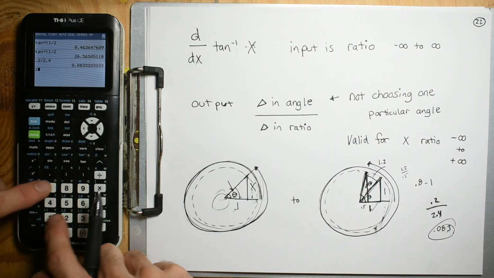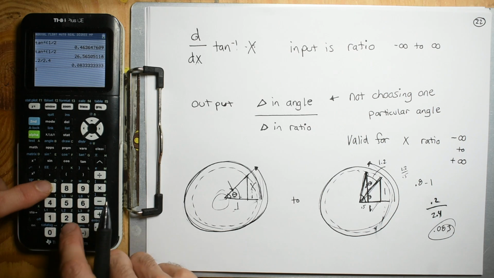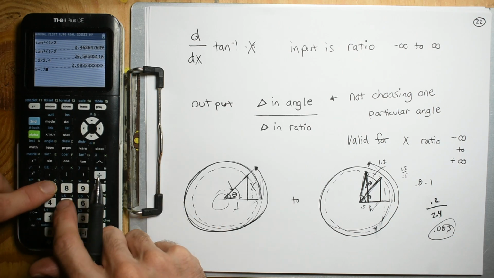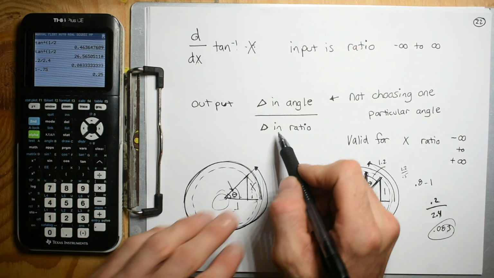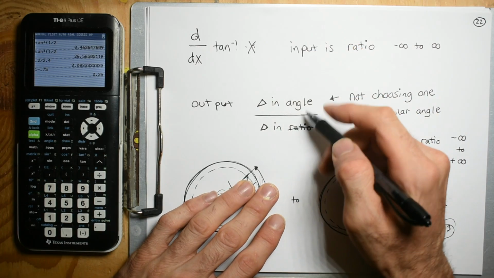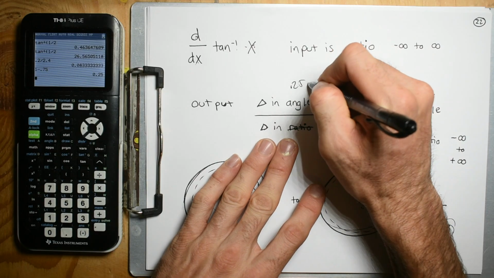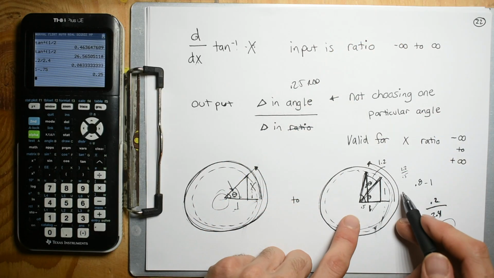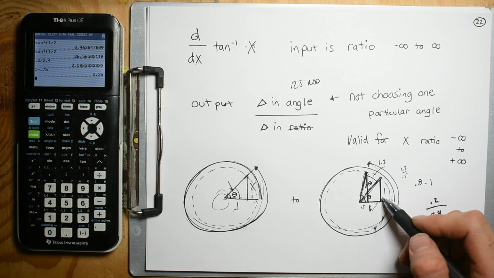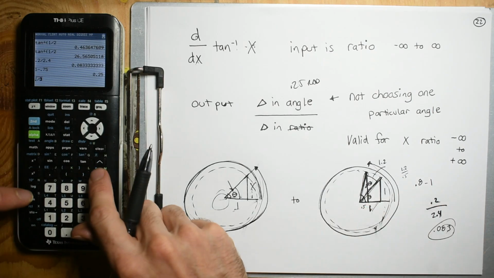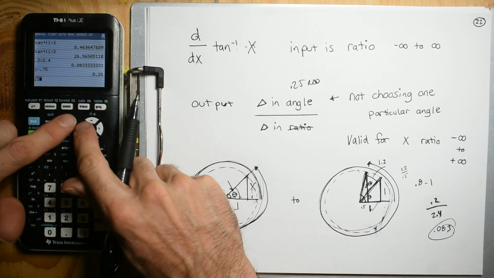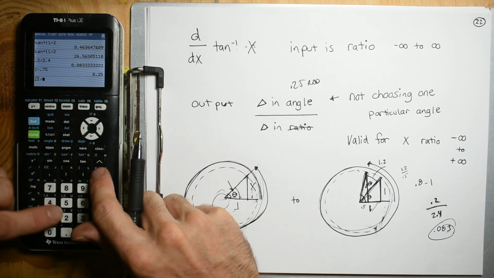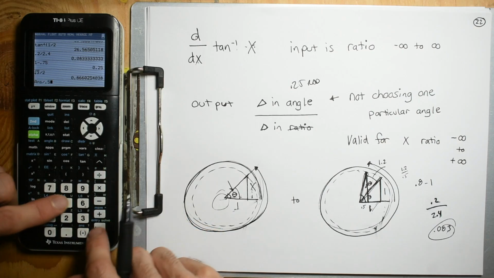Let's say we went from 1 to 0.75. 1 minus 0.75 is 0.25. So this changed. And see, I have this wrong. No, I had it right this time. So the change in angle is 0.25 radians. The change in the ratio, let's do square root of 3, square root of 3 divided by 2, divided by 0.5.